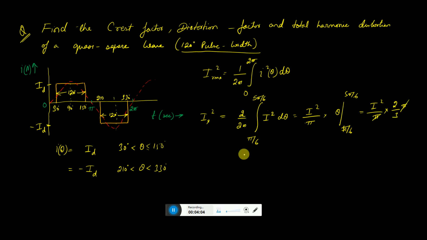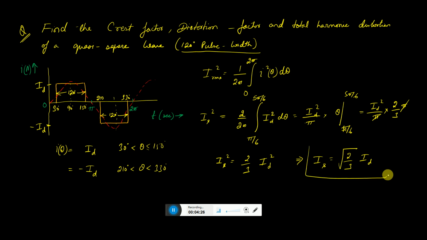This pi gets cancelled out. So ultimately we can write this IS square is equal to 2 by 3 ID square. And that implies IS is equal to root of 2 by 3 ID.